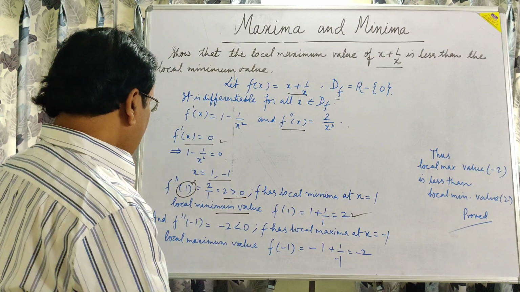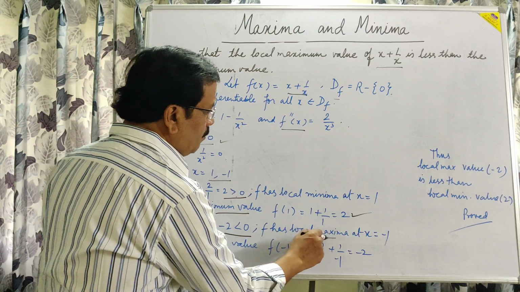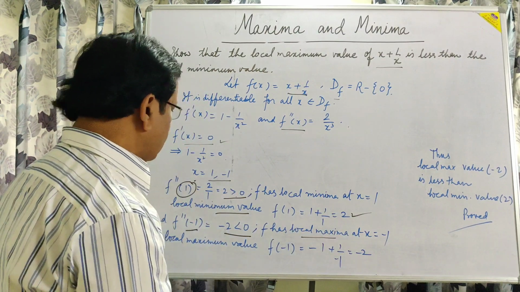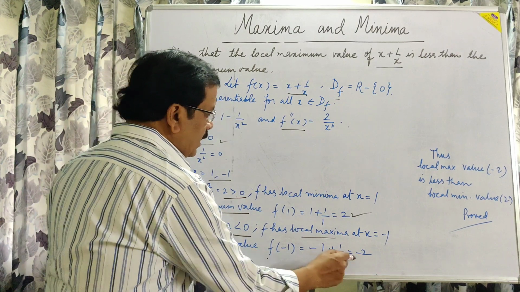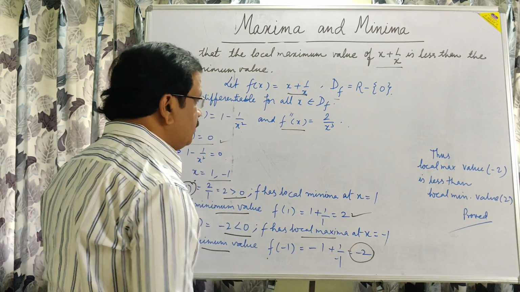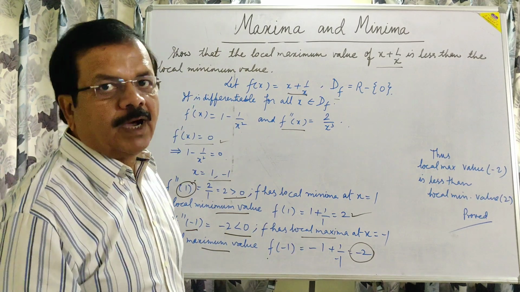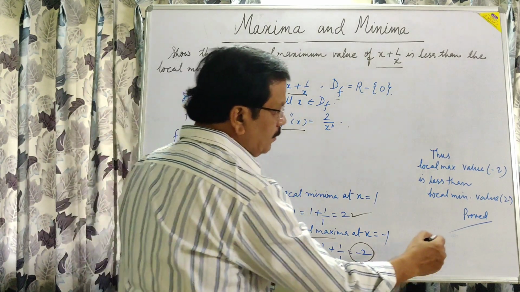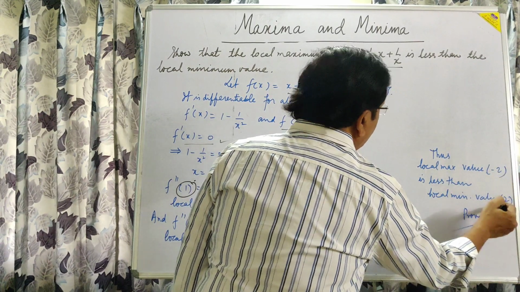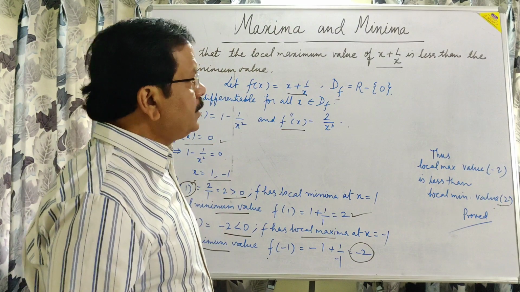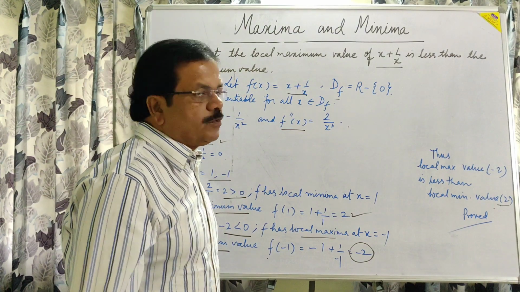In the same way, f double dash at minus 1 is minus 2, so this is local maxima at x equal to minus 1, and putting it in the given function we get minus 2. So you can see that the local maxima value is minus 2 and the local minimum value is 2, and minus 2 is less than 2, and this is what we have to prove. This is a very good question.